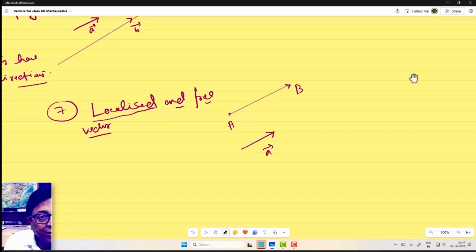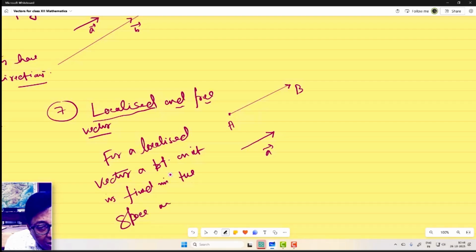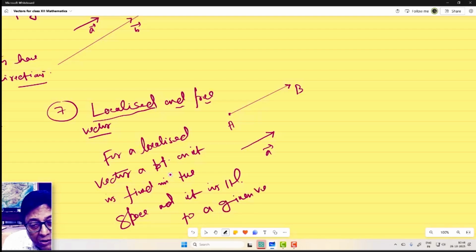So for a localized vector, a point on it is fixed in the space and it is parallel to a given vector.